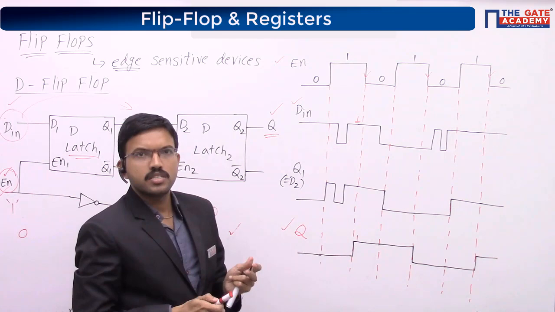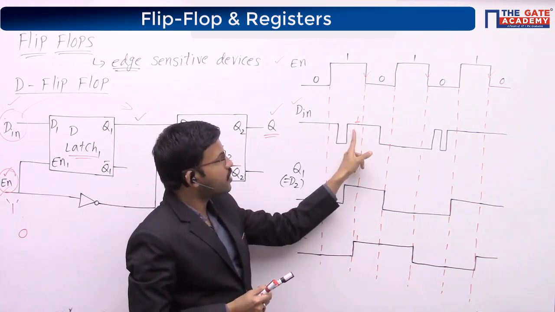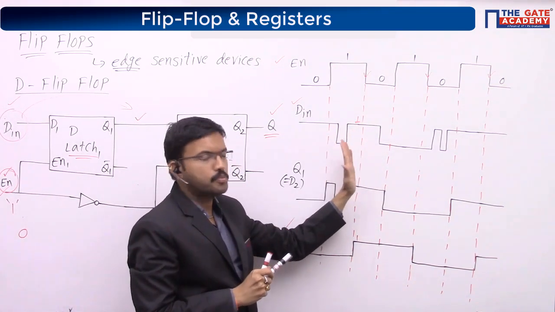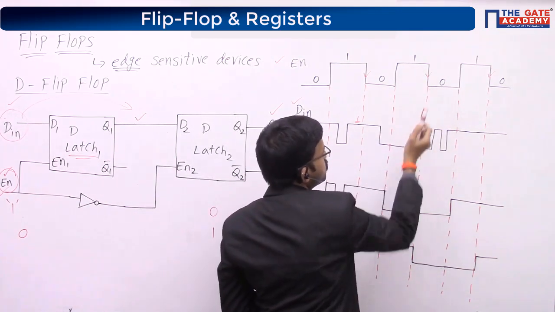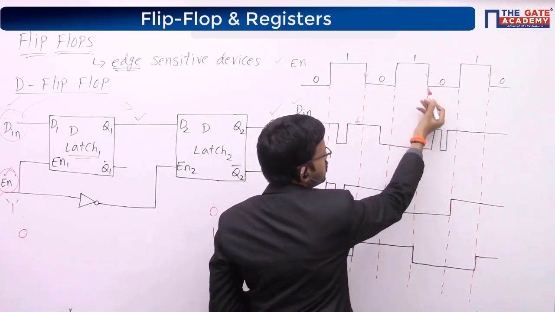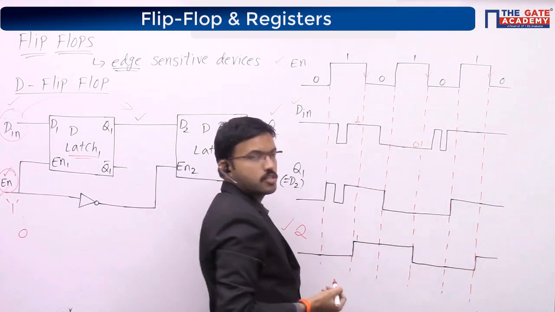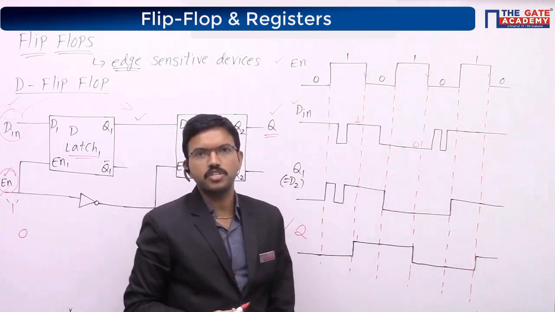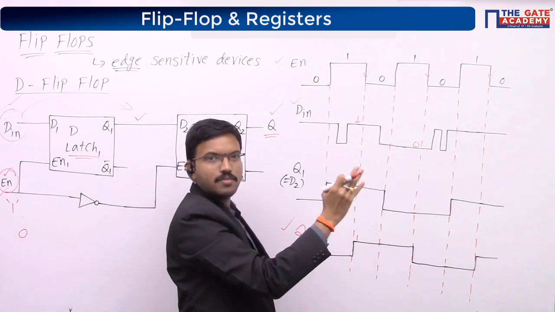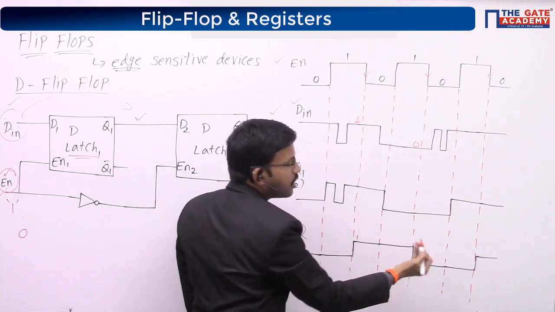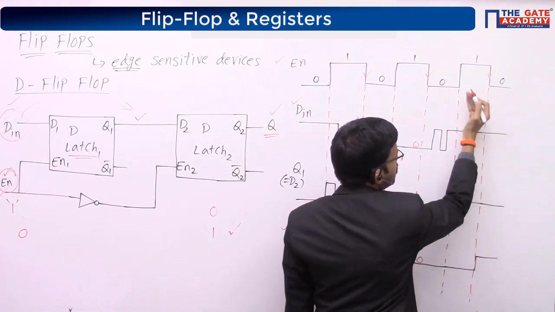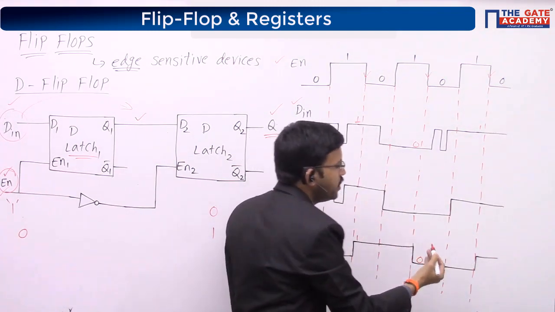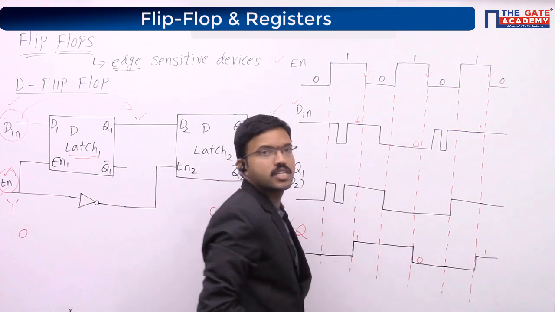Similarly, at this 1 to 0 transition, just before the transition the input is 0, and that 0 will come just after the transition. Similarly here, just before the transition the input is 1, and you get that 1 just after the transition.